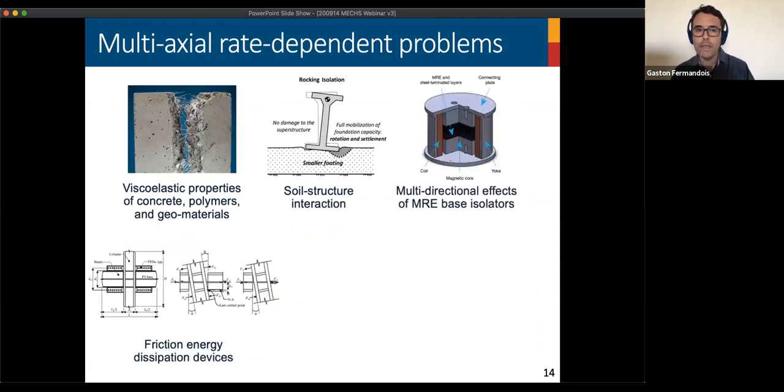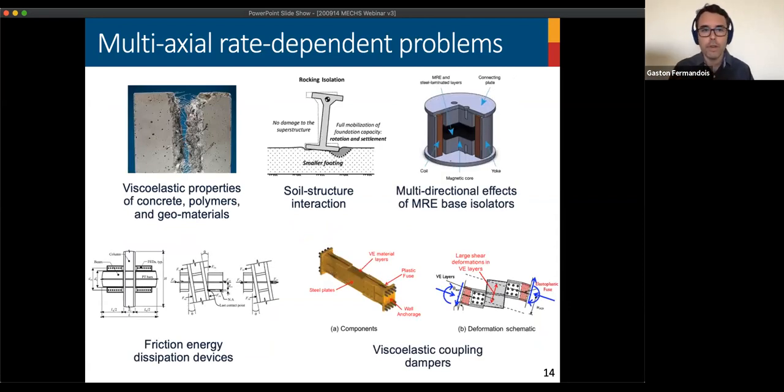There are multiple problems that require conducting the testing using real-time execution, because these problems may require considering that the elements are rate dependent, right?